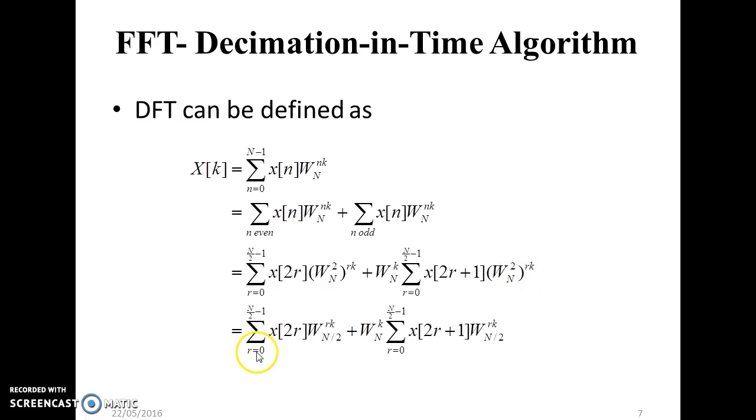That comes equal to summation over r equal to 0 to N by 2 minus 1 x of 2r W_N by 2 raised to rk plus W_N raised to k summation over r equal to 0 to N by 2 minus 1 x of 2r plus 1 W_N by 2 raised to rk.